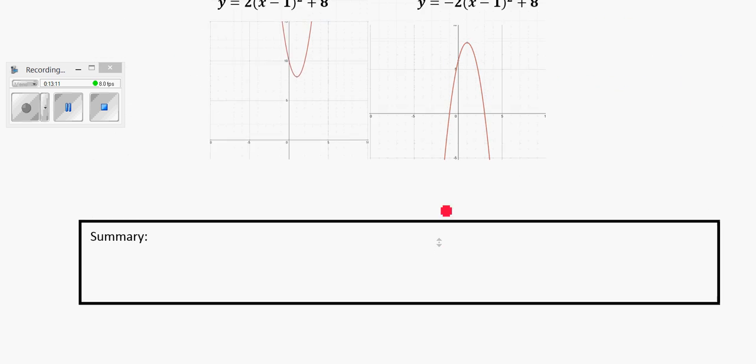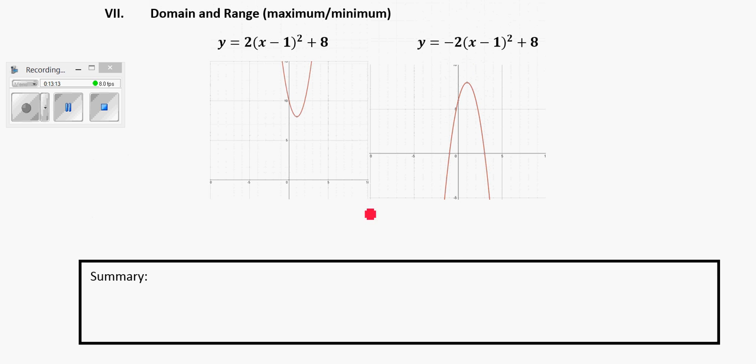Okay, now for domain and range. Again, domain was the set of possible x values. In this case, the parabola just keeps on going. Because it can just keep on going, eventually all x values could be covered as it spreads out to the right and to the left.